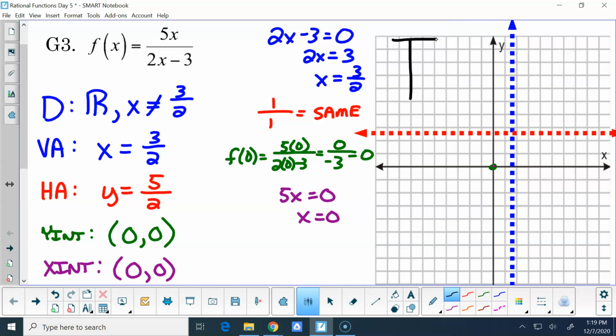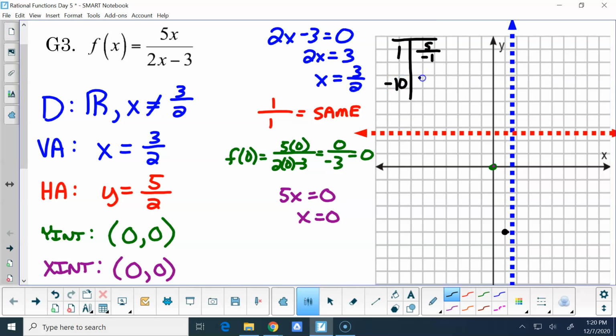So if I'm going to be over here, I'm probably going to try 1 because we always want to go with the whole number closest to our vertical asymptote. So that would be 1. If I plug 1 into my function, 5 times 1 is 5. 2 times 1 is 2. Minus 3 is negative 1. 5 divided by negative 1 is negative 5. 1, 2, 3, 4, 5. So I go through that point right there. Then, as long as we're over here, let's try negative 10.